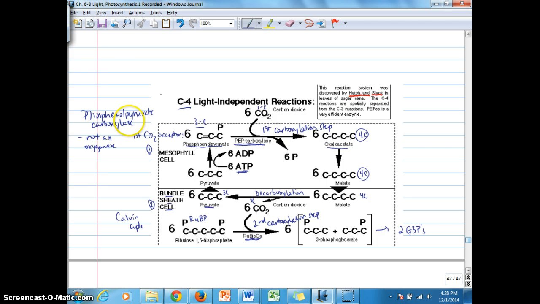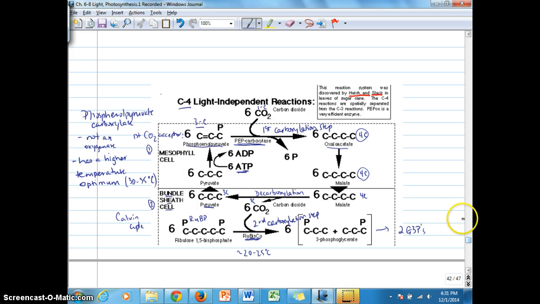We'll be comparing phosphoenol pyruvate carboxylase and Rubisco shortly, but not only is it not an oxygenase enzyme, it also has a higher temperature optimum in comparison to Rubisco, somewhere on the order of 30 to 35 degrees Celsius, whereas Rubisco has a lower temperature optimum, somewhere around 20 to 25 degrees Celsius.